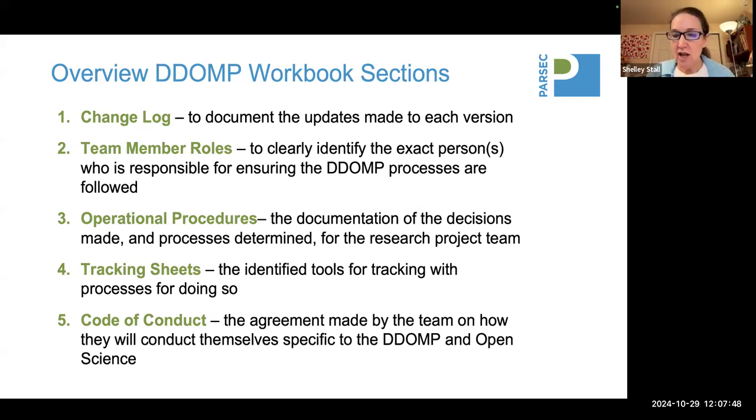So the change log, it's important that you track the changes to your document. The team member roles: a data and digital output management plan is something that you manage throughout the entire research life cycle. That's a new concept. You're going to actually have to pay attention and assign and then follow up and make sure that that new activity is actually being done.